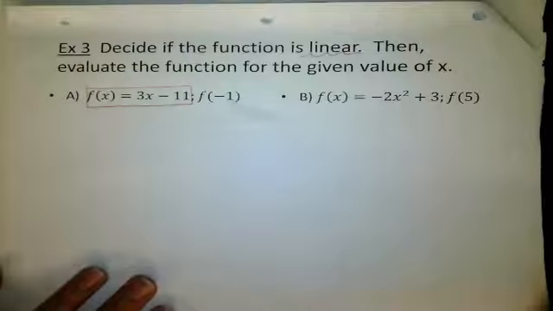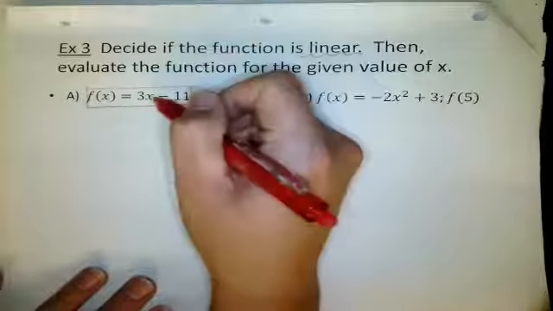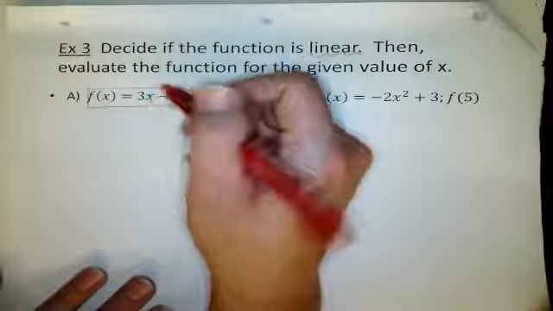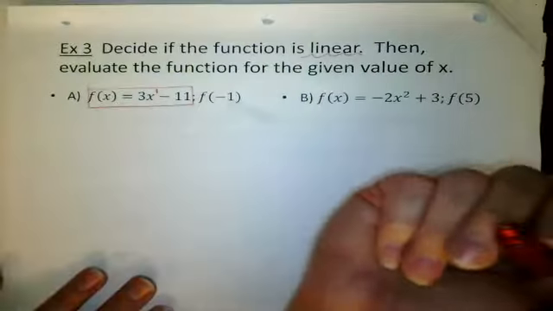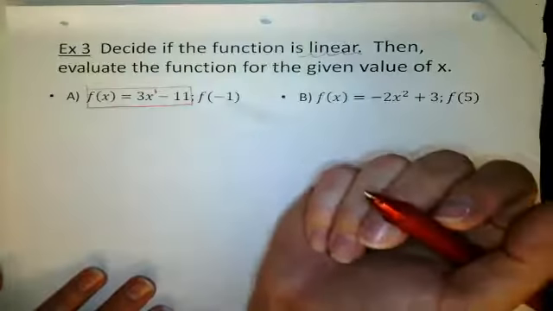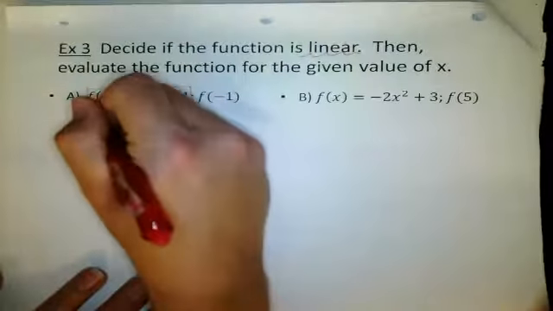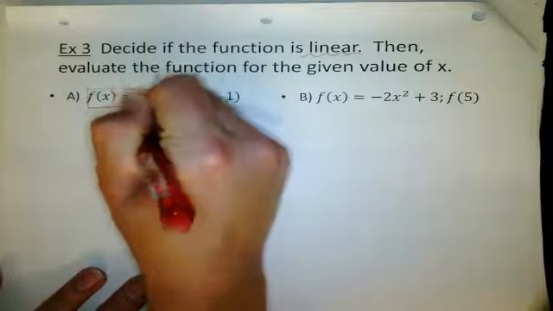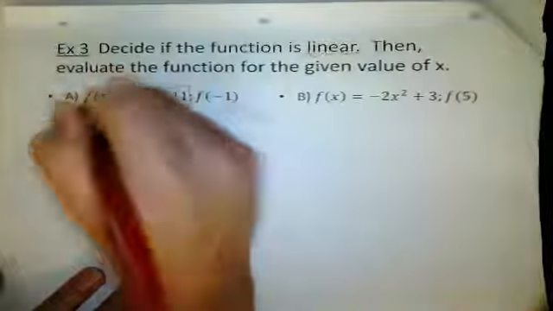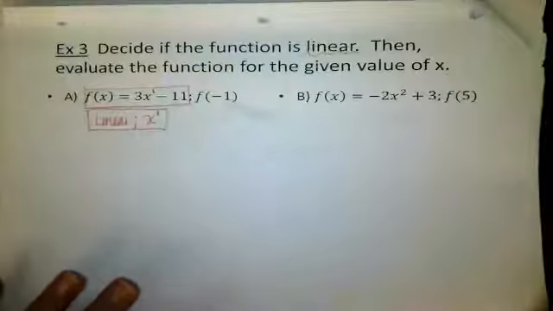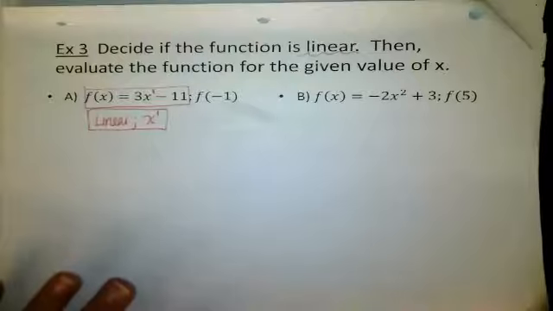That's one. But the easy way is to look at the power. What power is on x? 1. Right there. It's x to the first power. Because it's to the first power, it's linear. So easy to see. Right off the bat, it's linear. It will graph and it will be a line. Okay?